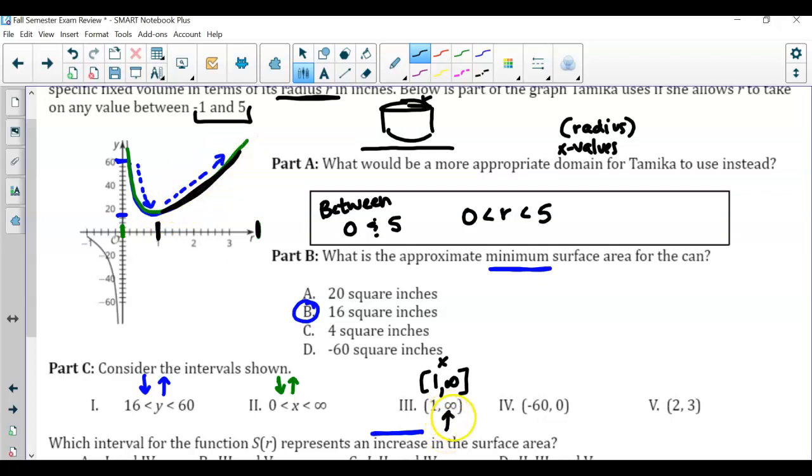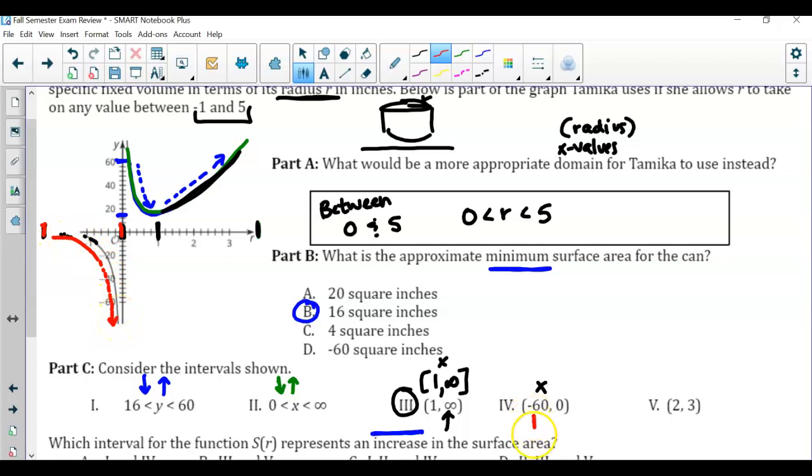So this is increasing, so 3 is 1. Again, this is the same as our bracket, so this is our x values from negative 60, which we can't see, so thinking about it like way over here, to 0. Well, this graph is continuing on, but remember, we're reading this left to right. So reading this left to right, we are decreasing.